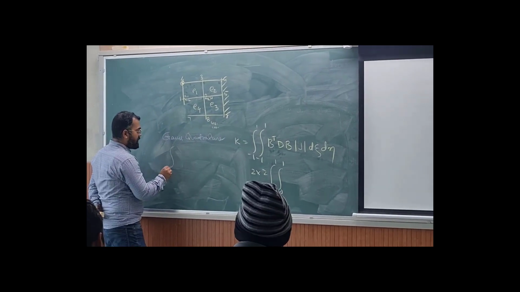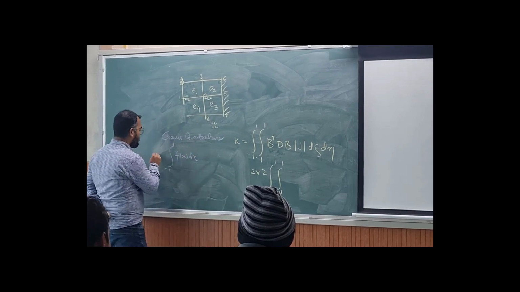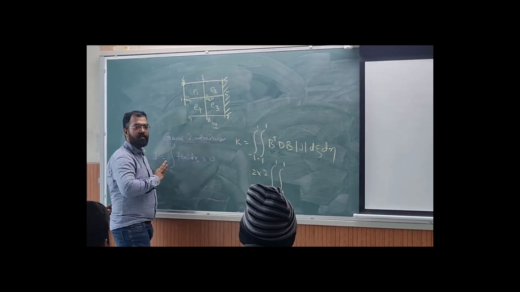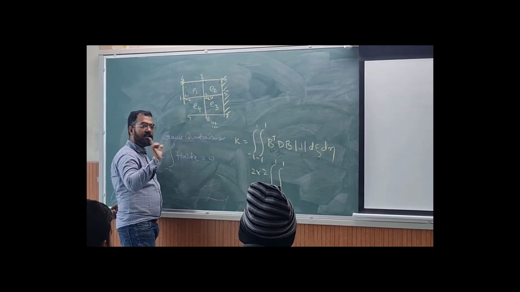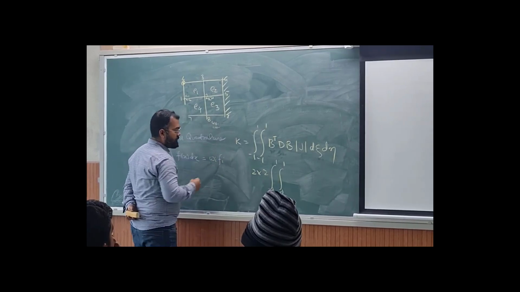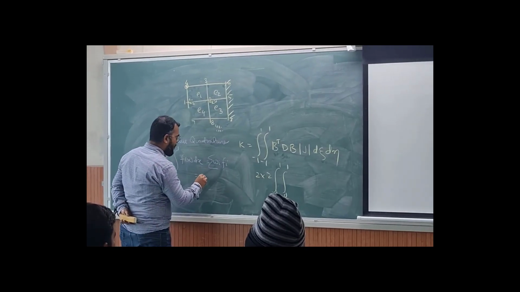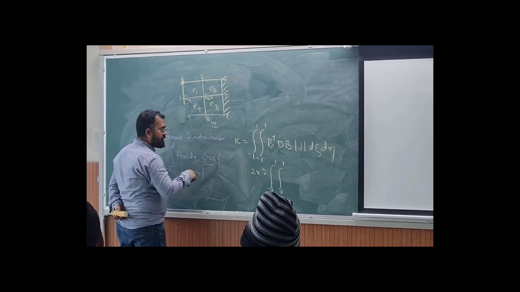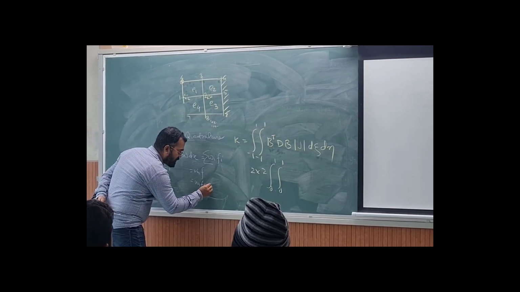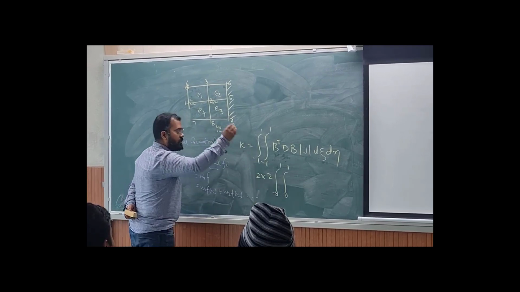If you have an integration from -1 to +1 of f of x dx, then this can be written as a summation of some weight functions and the values of the function at different places, the summation of wi times fi. So it can be w1 f at x1 plus w2 f at x2 and so on.